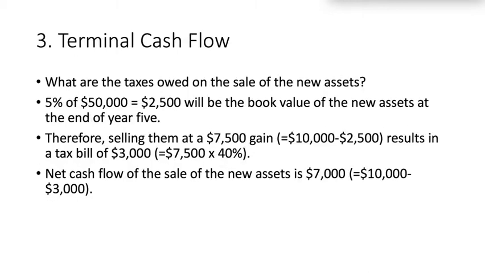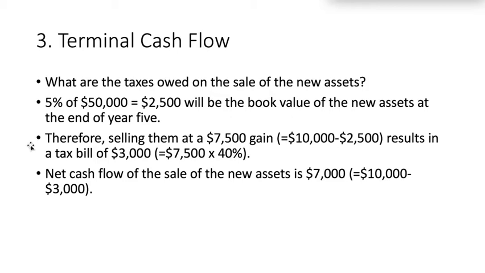So, for the new asset, what's going to be left for the book value that hasn't been depreciated yet is only 5% of the original $50,000 purchase price. So it's $2,500 that is still on the balance sheet of the firm, right? And so this $2,500 represents the book value.